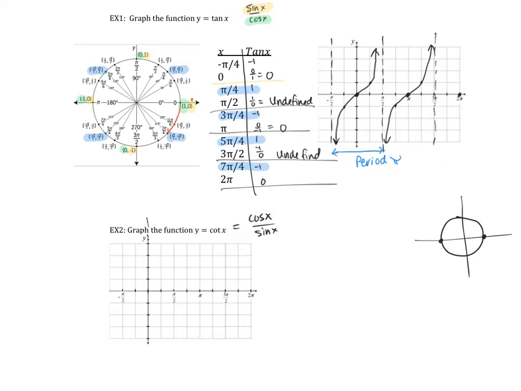So here we have asymptotes at 0, pi, and 2 pi. All right, and then our x-intercepts happen here at pi over 2 and 3 pi over 2, because these parts are 0, 1. This is the cosine, which is 0, divided by the sine, which is y. And then our pi over 4s end up being the same value.